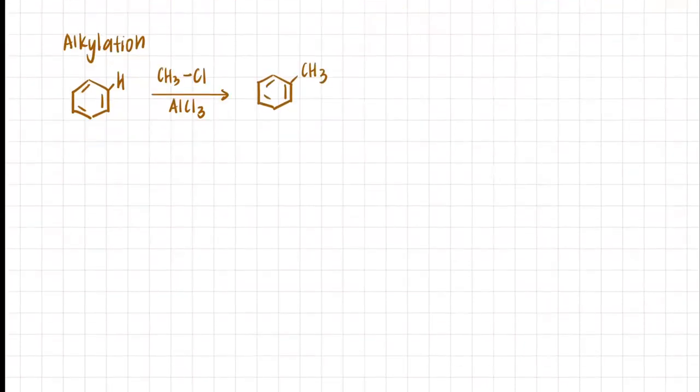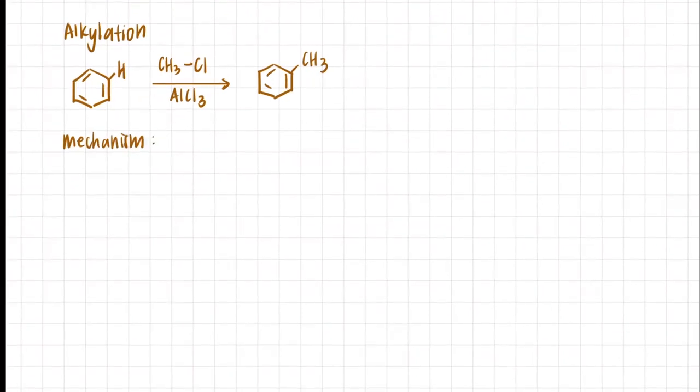So what does the mechanism look like? Drawing the mechanism. First step, production of the electrophile. You have to form the electrophile first.